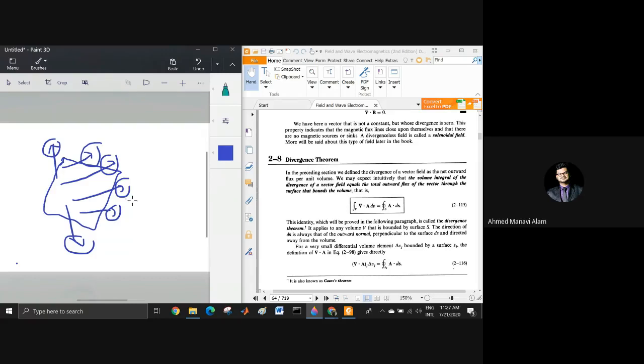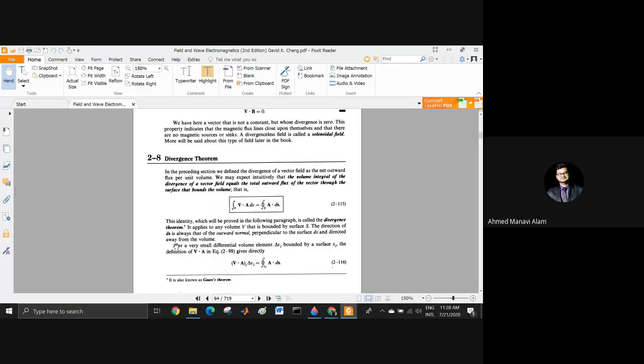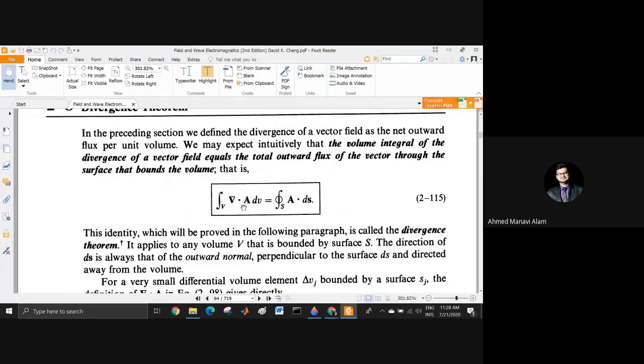So this says that whenever you enclose a certain surface, the outward flux of the vector through the surface of that volume is equal to the volume integral of the divergence of the field. So what you have to remember is that the divergence of that vector field over that volume is equal to the total outward flux of the vector through the surface that bounds the volume.